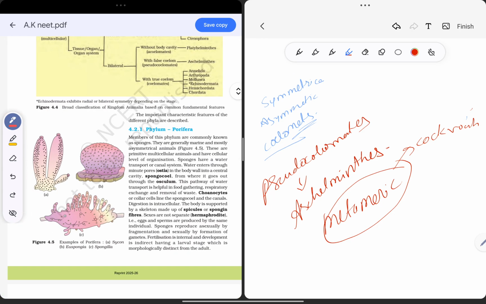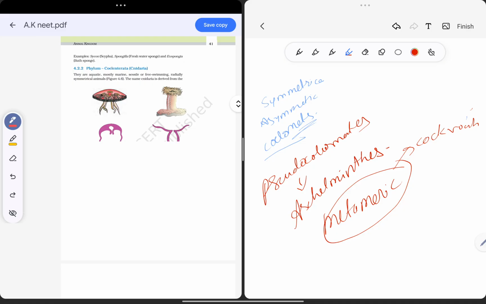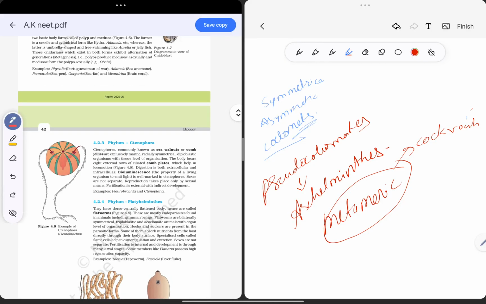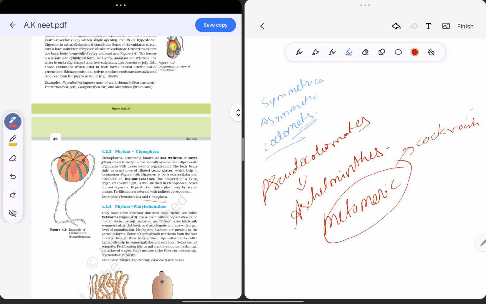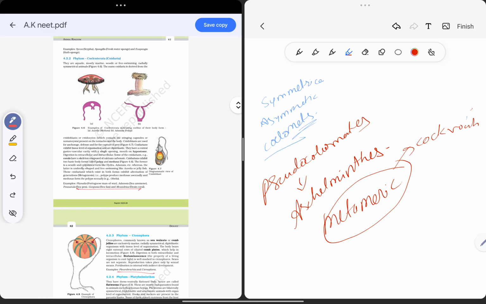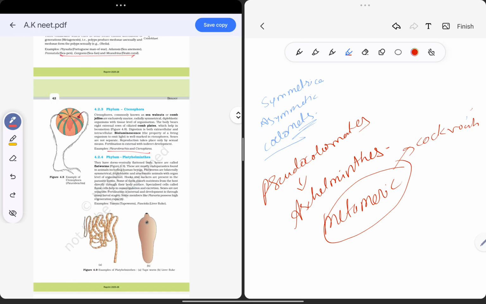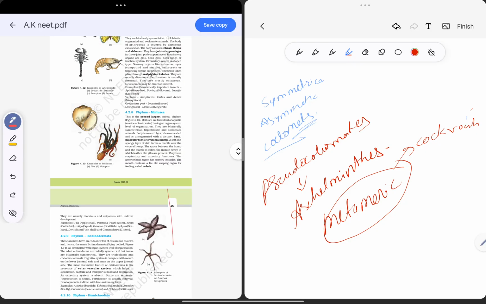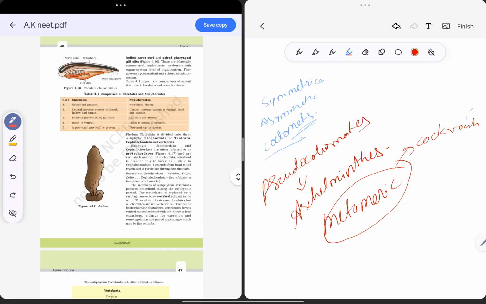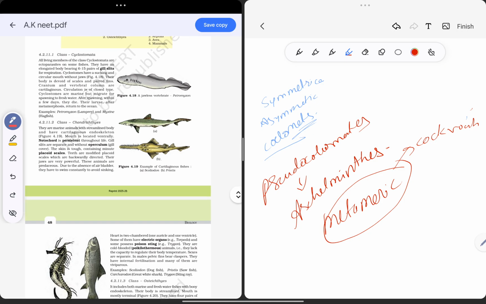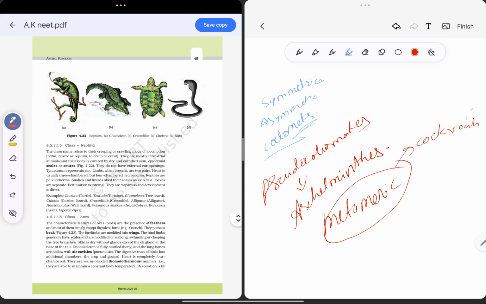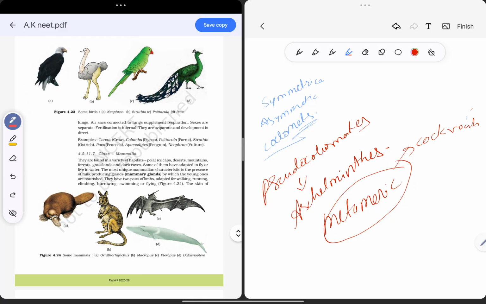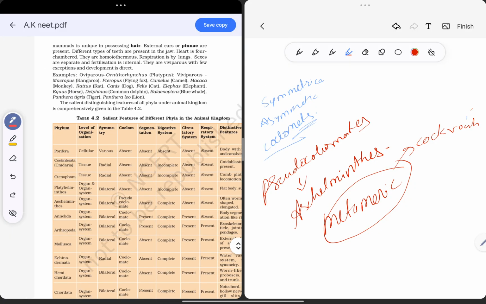The first thing you should do is remember all the phyla names and all these examples which are given below. First remember by heart these examples, then later go down to the last of this NCERT. You will have a table which shows what kind of circulatory system, reproductive system, and so on.